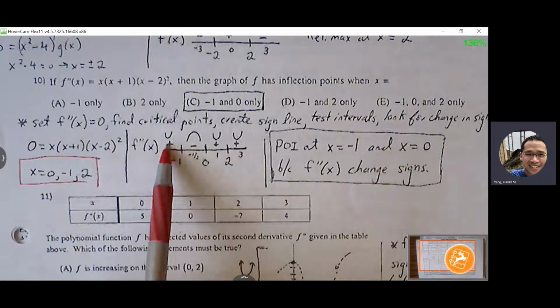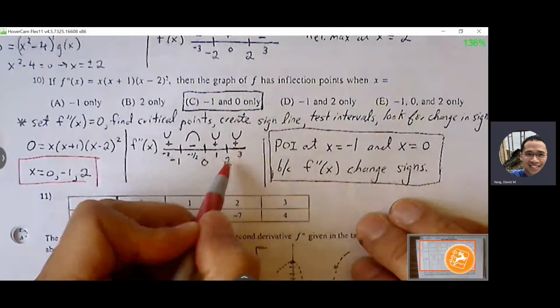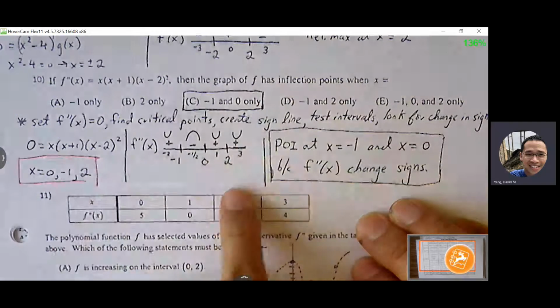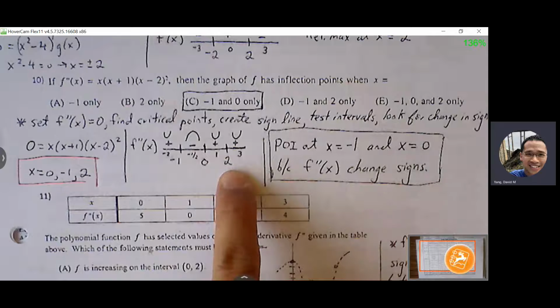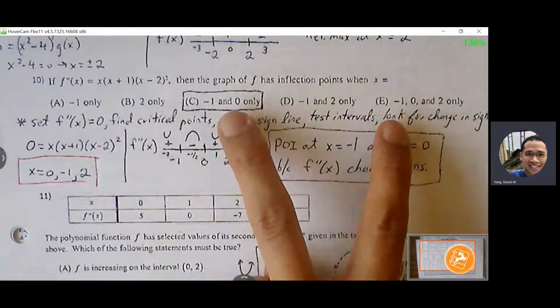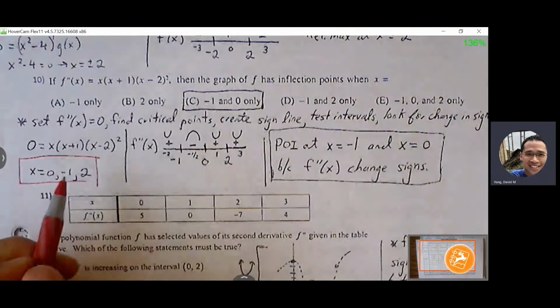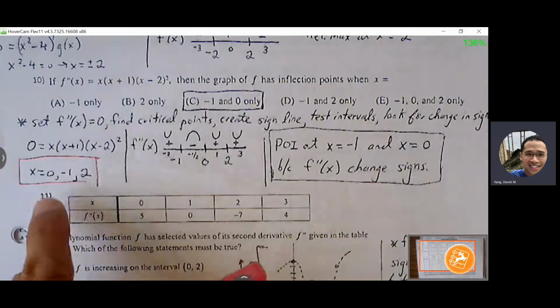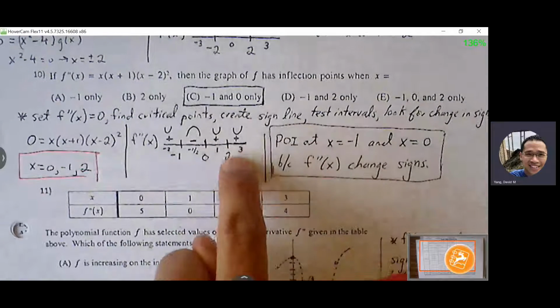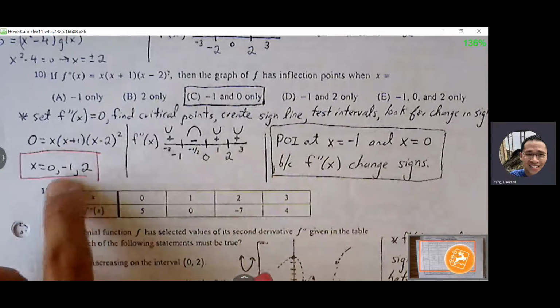So in this case, it's concave up, concave down, concave up, concave up. 2 is not a point of inflection because there's no change in sign. So the change in sign is only going to be at negative 1 and 0. So here it's a little bit, I wouldn't say tricky, but it is testing students to see if they can distinguish the difference between just critical points and true points of inflection, right? So we haven't gone far enough if you just stop here.